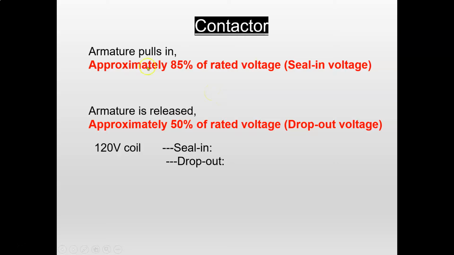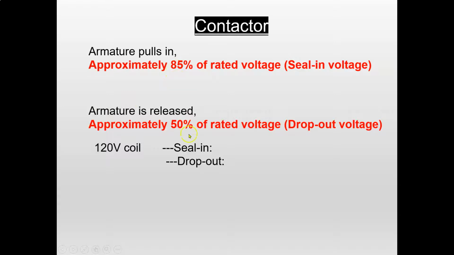Well, I'm saying here, the armature pulls in at approximately 85% of the rated voltage, and that's my seal-in voltage. So at about 85% of the voltage going up based on the sine wave, the armature is going to pull in and seal in, and move those contacts and close the contacts or open them based on your circuit. Okay, so 85% is something you're going to have to memorize.